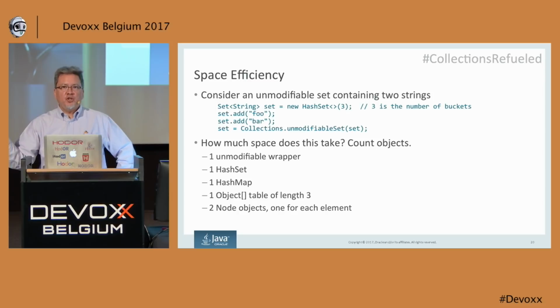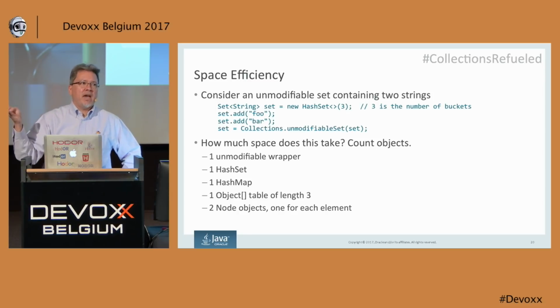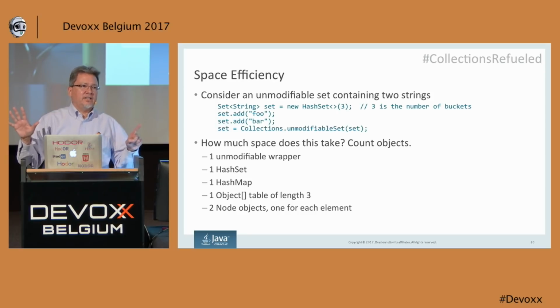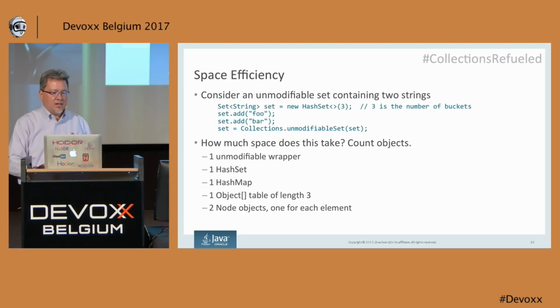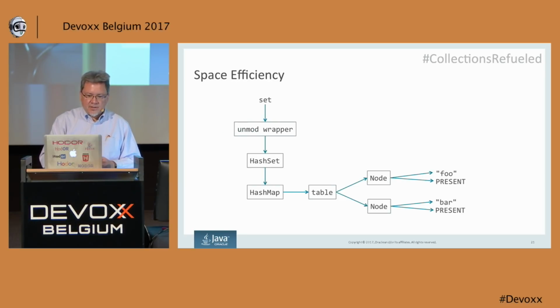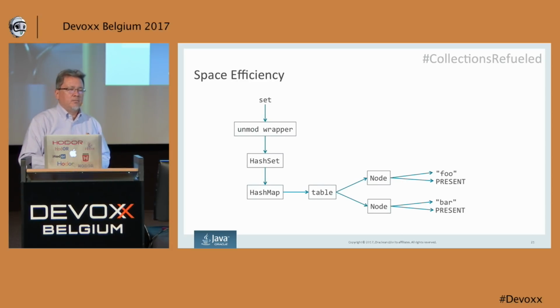And then there are two node objects, because every mapping has to have a node object, and that contains the pointer to the string itself. So we have 6 objects. All right, this is a diagram of what it looks like. Each box is an object, and each node contains references to the key and the value.